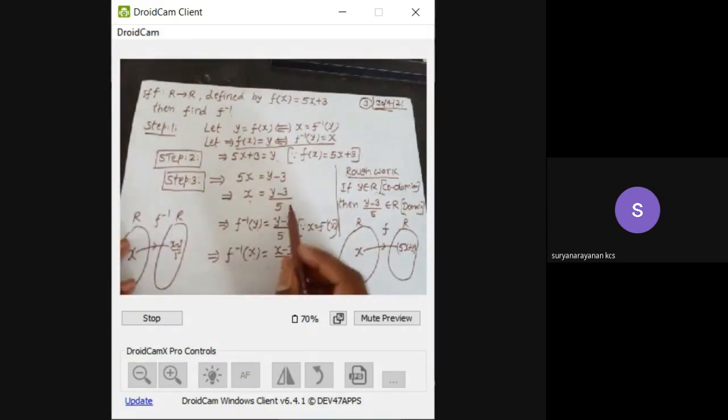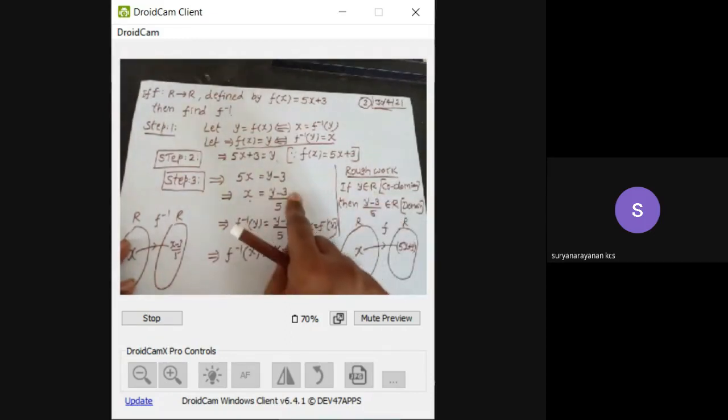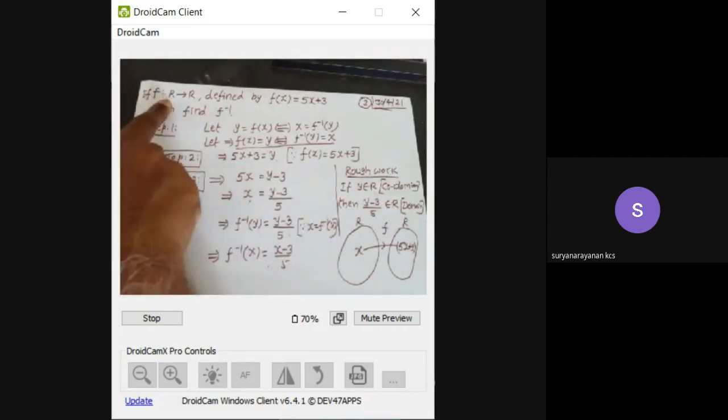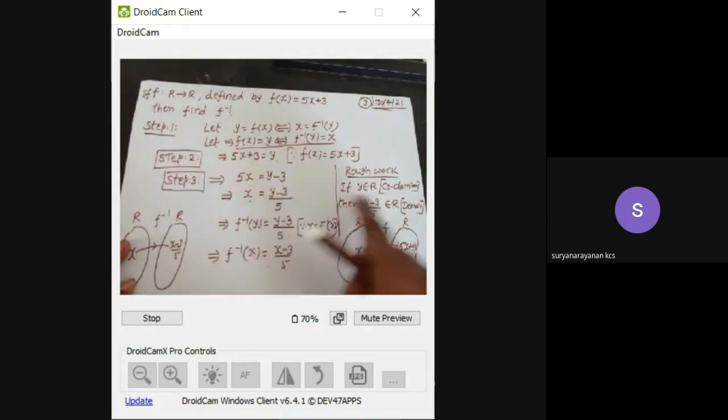After finding the value of x in terms of y, we had to check in the rough work whether this number is an element in the domain or not. What is the domain here? Real numbers. So we had to check whether this number is a real number or not. In rough work, we had to do that part.